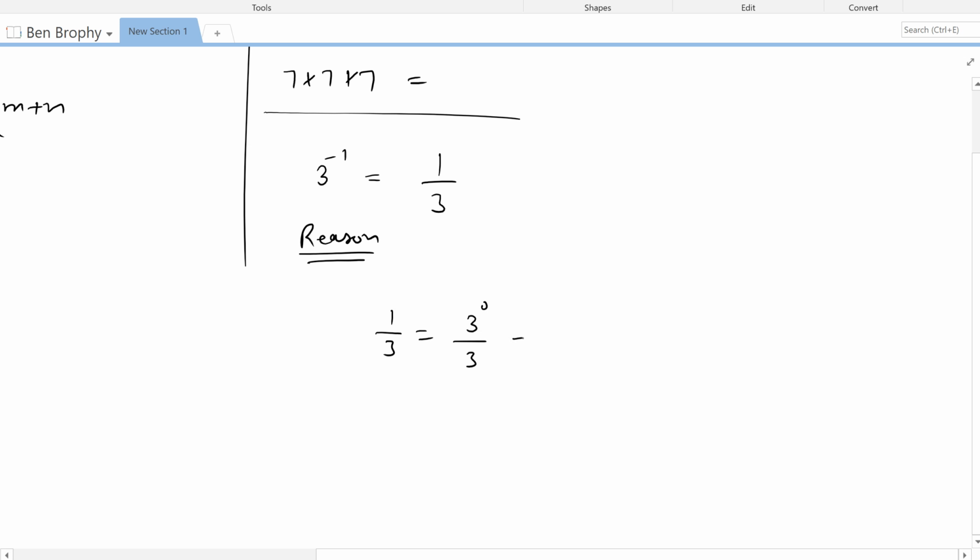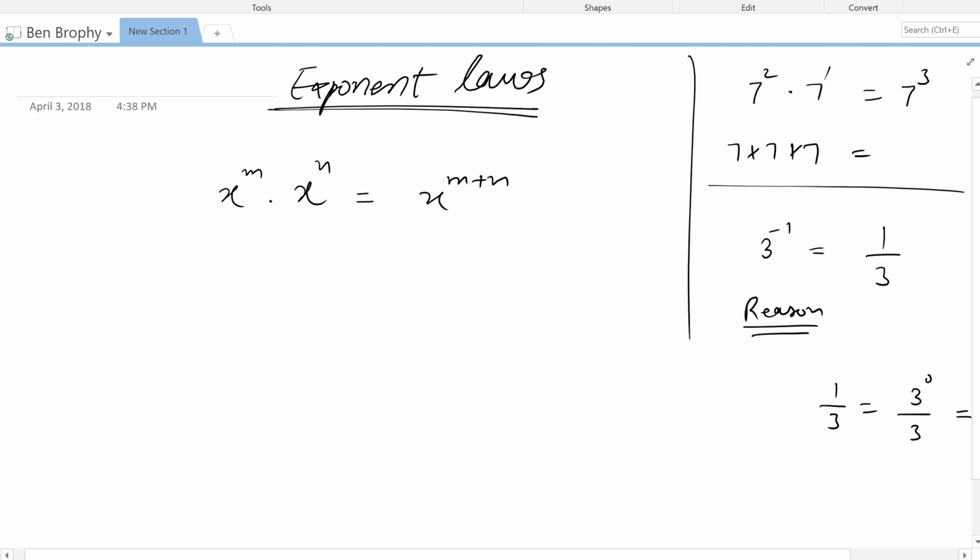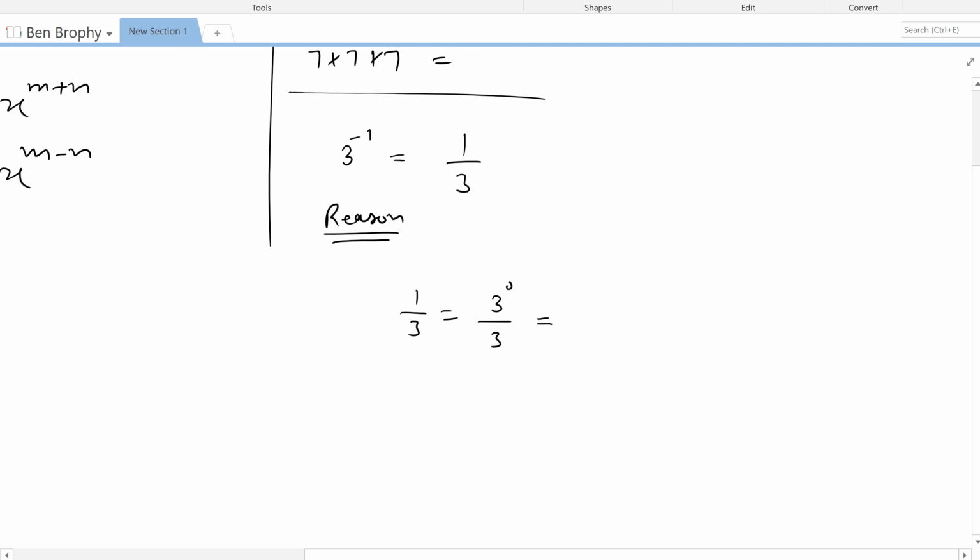Very good. Now, the next thing is we use another property: if you have division between these two terms, then you subtract the powers. You subtract this one from that one. We use that property since you have the same bases.